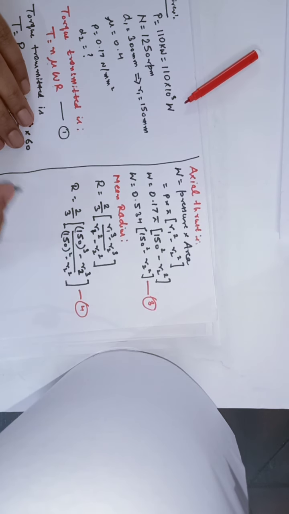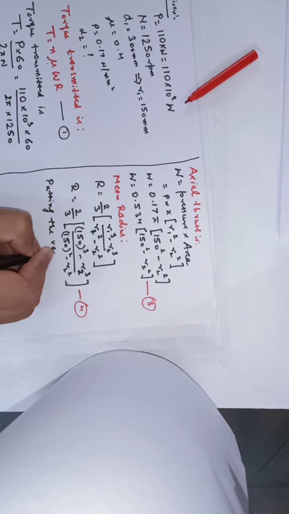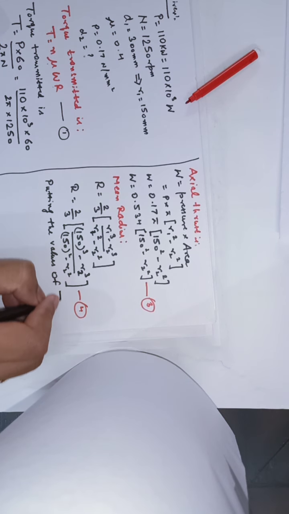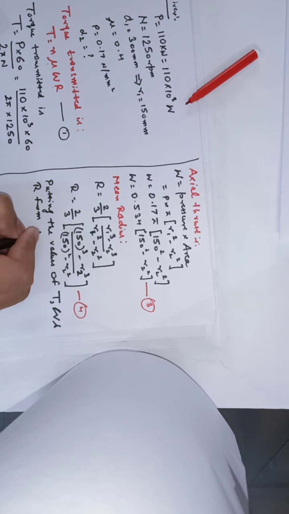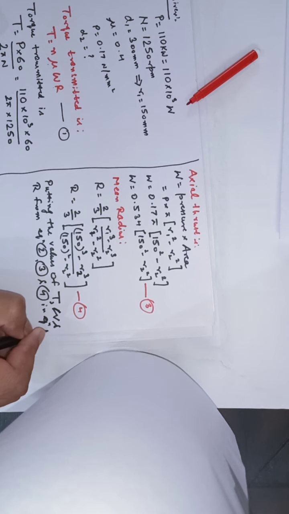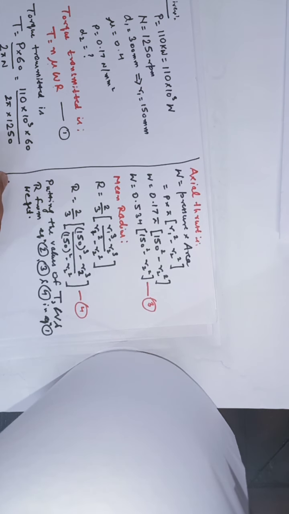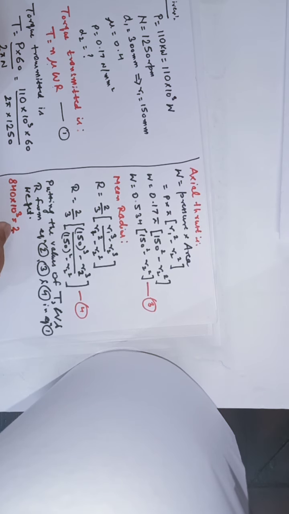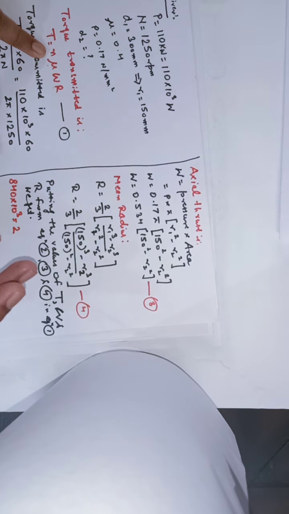Now we will implement all these values in equation 1. Putting the values of T, W and R from equations 2, 3 and 4 in equation 1, we get 840 into 10 to the power 3 is equal to 2, because for a single plate clutch the number of contact surfaces will be 2, one on the left hand side and another towards the right hand side.